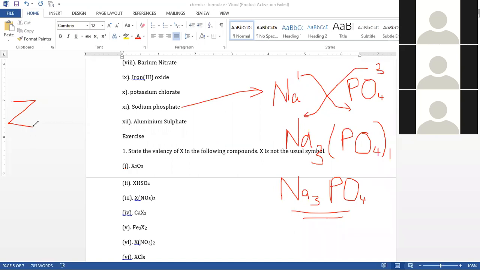Johanna, you're breaking. I'm not hearing you well. But we only put brackets if the phosphate has 1 phosphorus atom and 4 oxygen atoms. So if this number was not a 1, because remember we don't write ones in chemistry, that's why you see I left it out. But if it was like a 2, I would leave it there with brackets because this radical has 2 or more atoms.